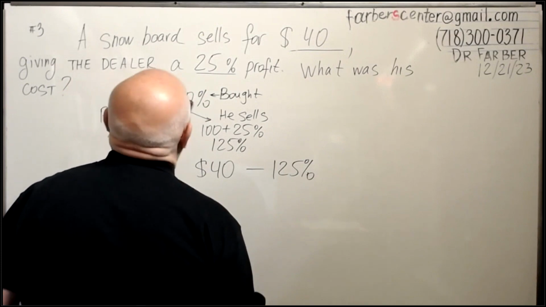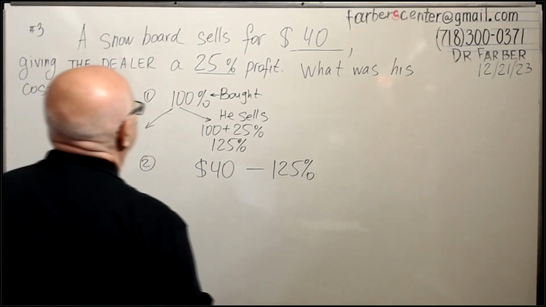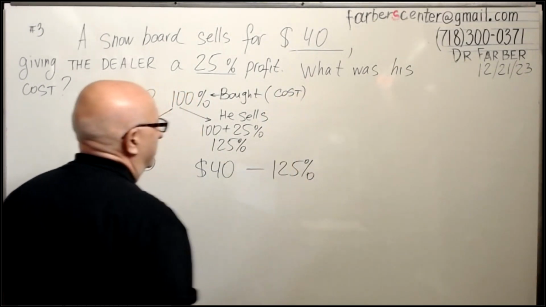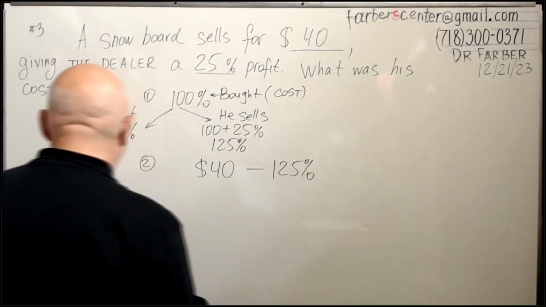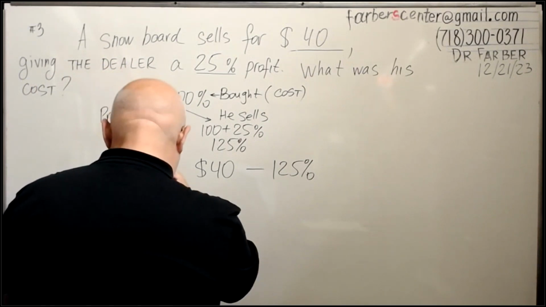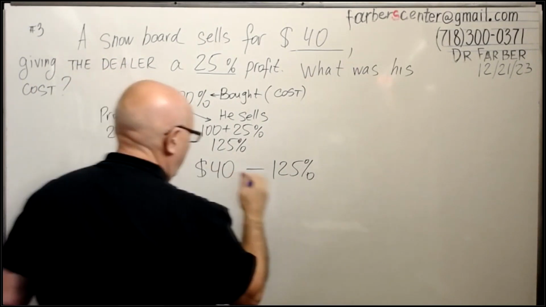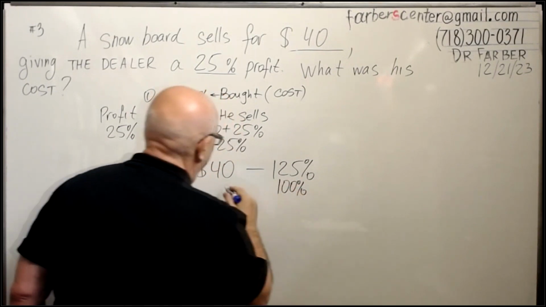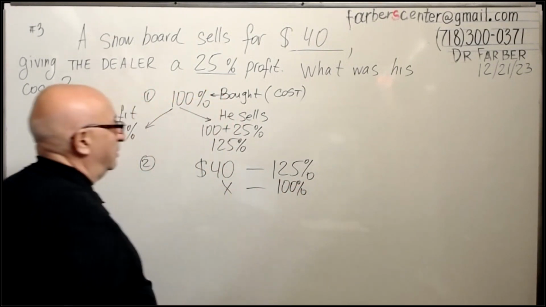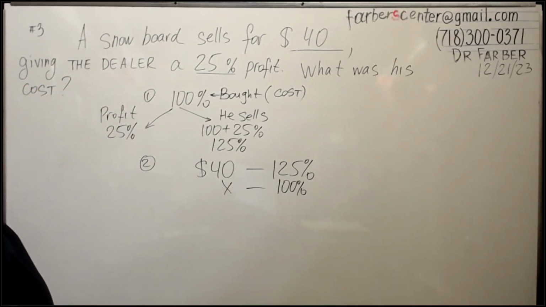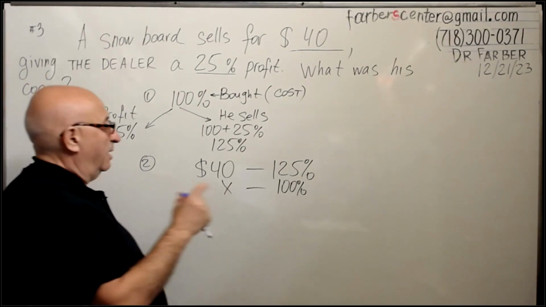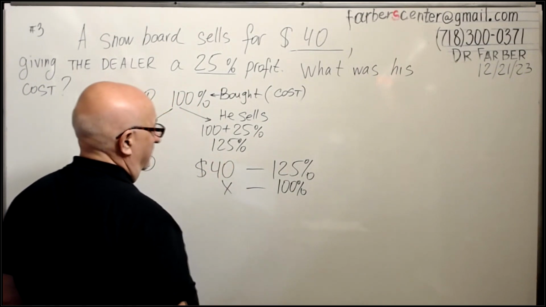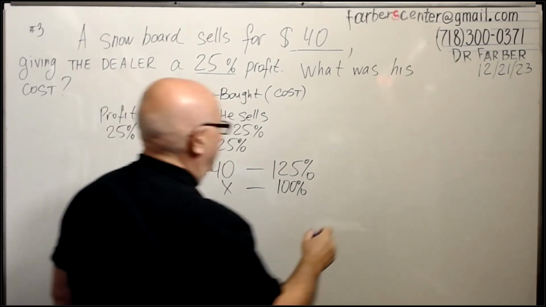And they ask you, what is his cost? This is what it cost him when he bought it. And definitely, in this case, he bought it without this profit, right? And from this simple proportion, you can find it. Again, this is the only thing in everything we study. This 40 included his profit. That's it.